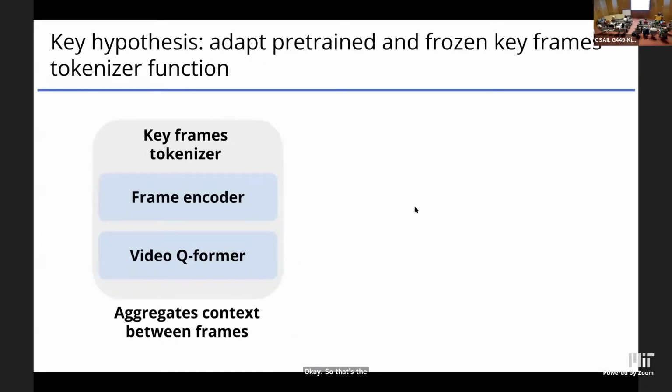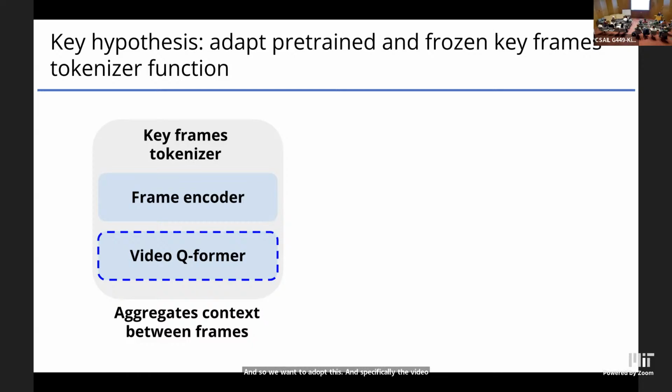The way we do it is by adapting this pre-trained and mostly frozen keyframe tokenizer function from the video LLM. Remember, the video LLM was pre-trained on lots and lots of videos, but they're all short videos. So it's really good at taking a short segment of video and embedding it into a vision space. This is the keyframe tokenizer, which consists of a frame encoder and a video Qformer, and we want to adapt specifically the video Qformer part.